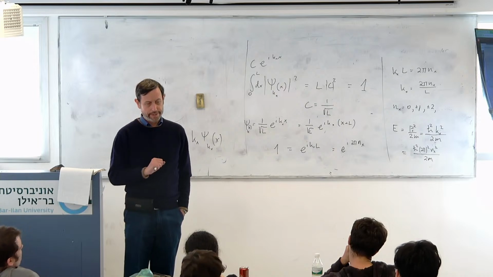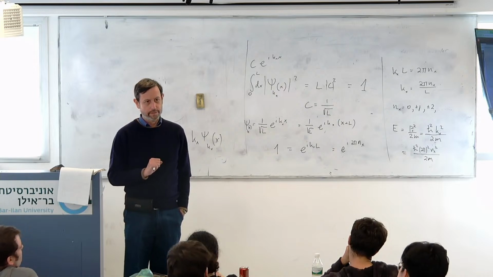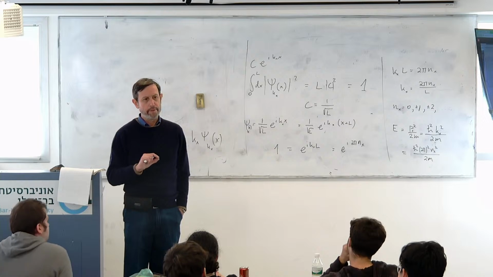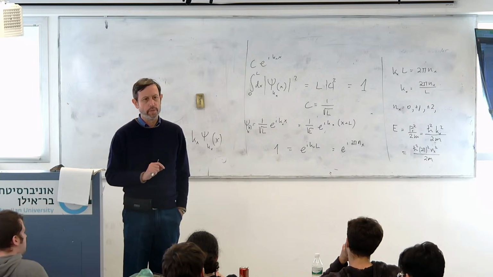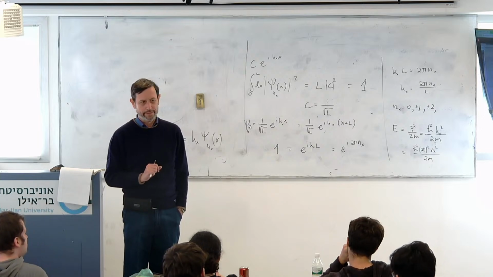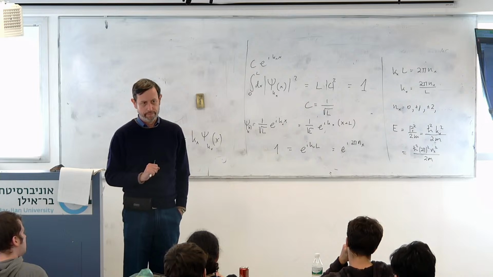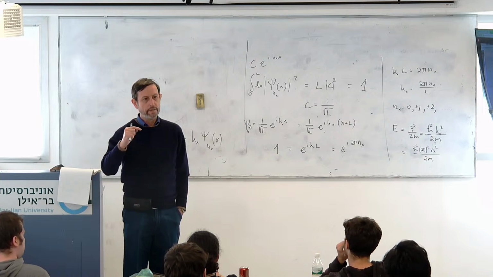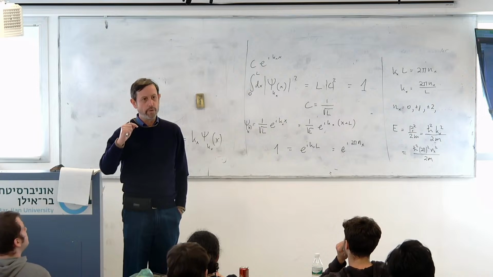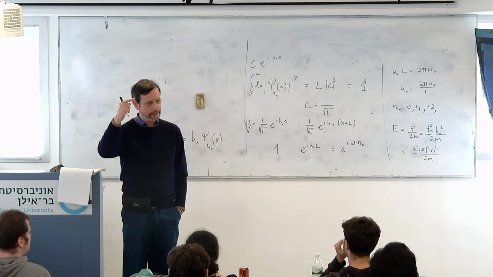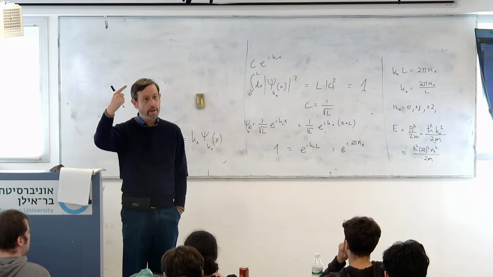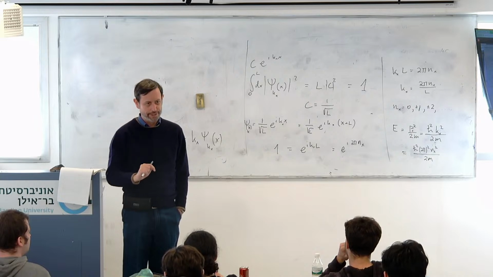And another thing that you can understand here: what happens if Lx is extremely small? If L is small, then you have a lot of energy. Meaning, in order to go from the zero excitation to plus minus 1, you have to have a lot of energy.